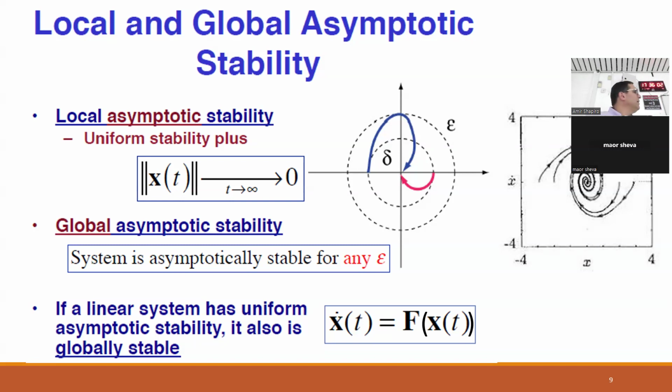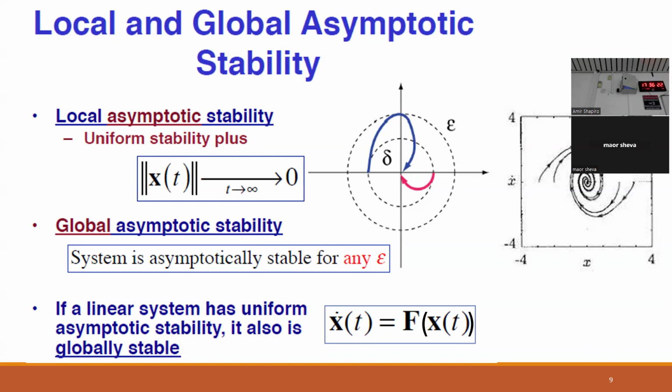Also, this is for a nonlinear system, as we can see here. For a nonlinear system, if f is not linear, then we may have either local or global stability.